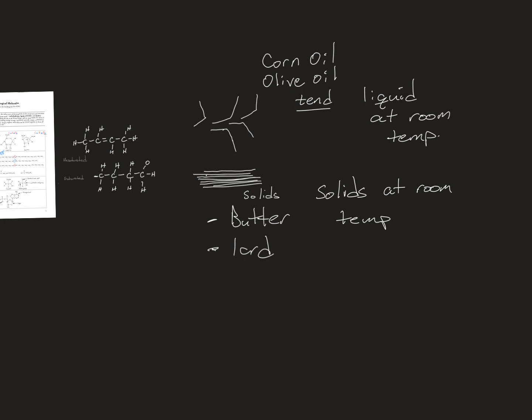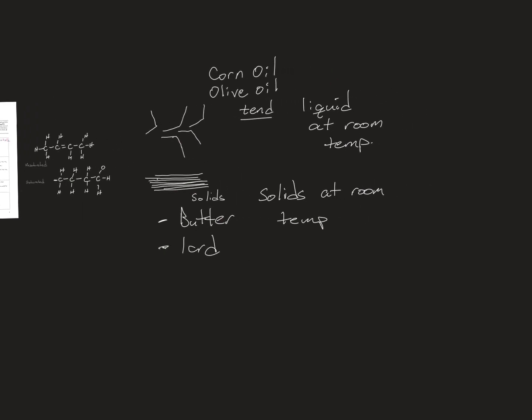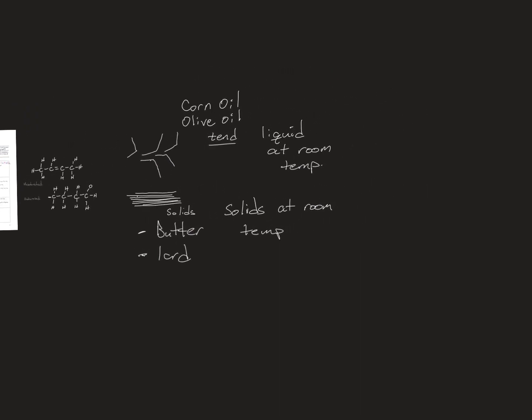Now, health-wise, how does that make a difference? It turns out, and I'm really simplifying this, that these can lay on each other very easily in your blood too, and they can start to lay and form these things called plaques. They get chemically changed.